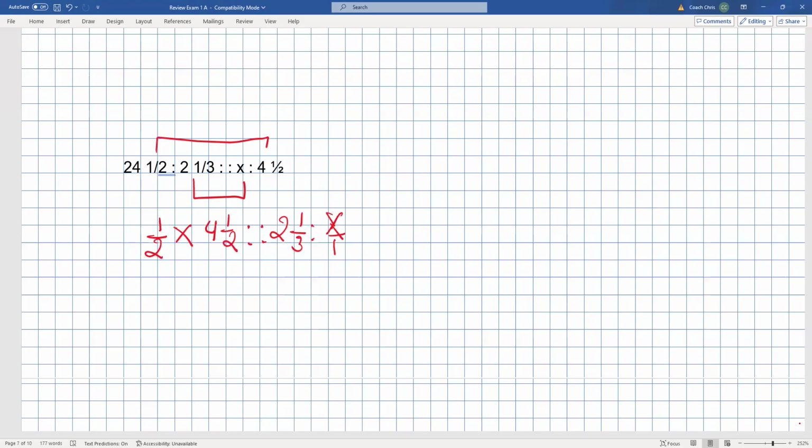So go ahead and convert this right here to an improper fraction. So I got 1, multiply 2 times 4, 8 plus 1, 9. So 9 over 2. Now here you got 3 times 2, 6 plus 1. You got 7 over 3. All right. So now you multiply that by x over 1.